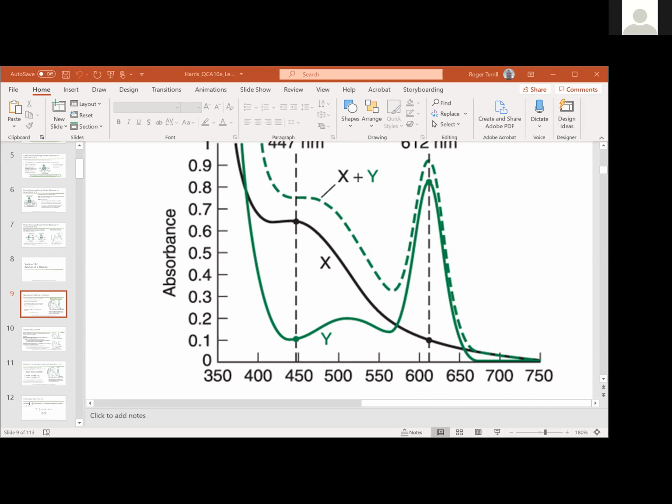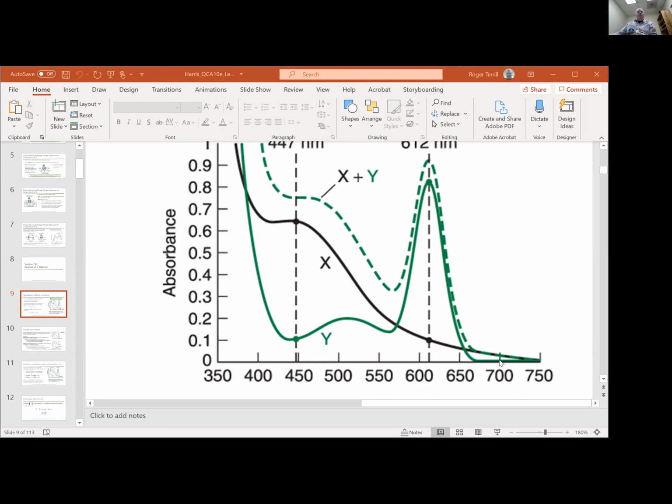Now, can you convince Kareem of the same thing you just told me? That is your goal. So Van said that the absorption of Y at 700 nanometers is 0.